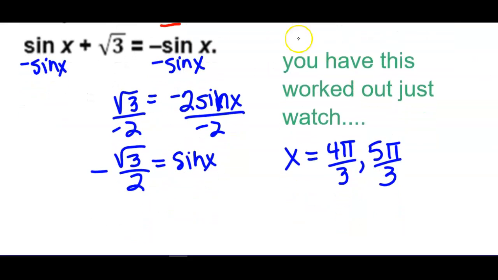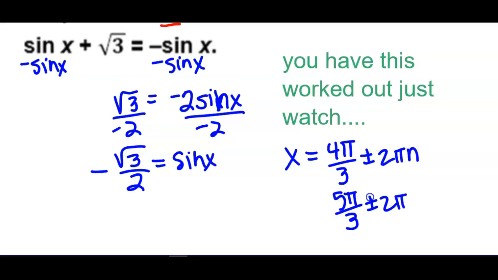So your final answer needs to say it happens at 4 pi over 3 and at 5 pi over 3, but it would repeat every time you added 2 pi on or subtracted 2 pi, as long as you did it by whole numbers, in other words, a whole multiple of 2 pi, and n is any integer. And I'm not going to make you write n is any integer, but that's what it means. All right.